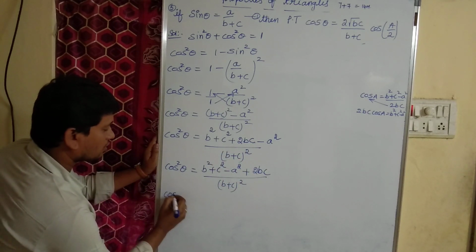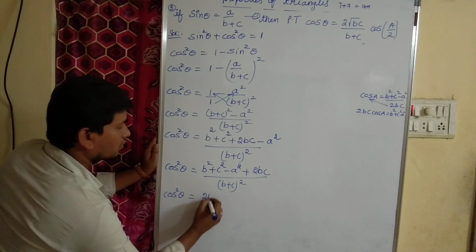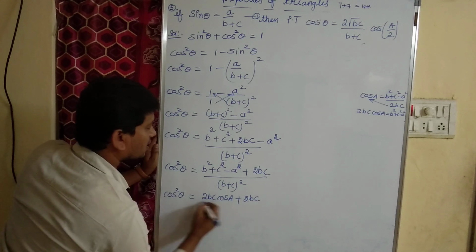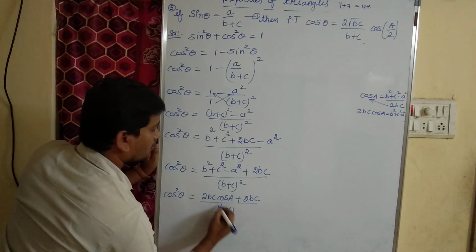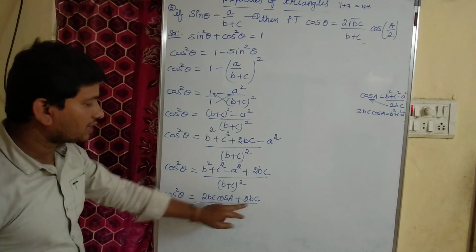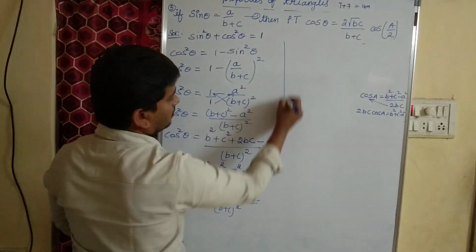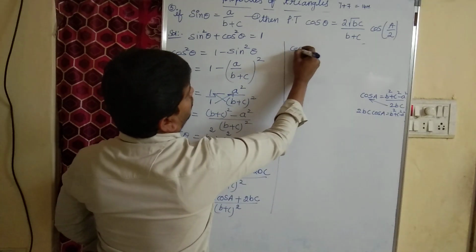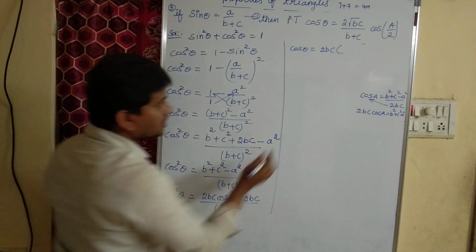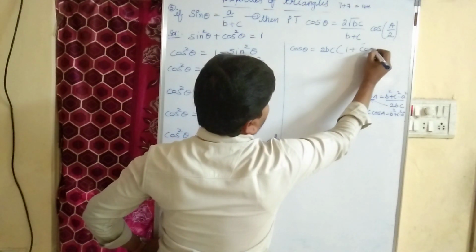So I can write cos square theta equal to 2bc cos A plus 2bc divided by b plus c whole square. Okay, from these two terms I can take 2bc as common. I have here cos A plus 1.